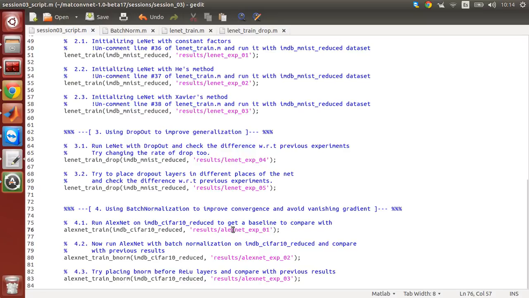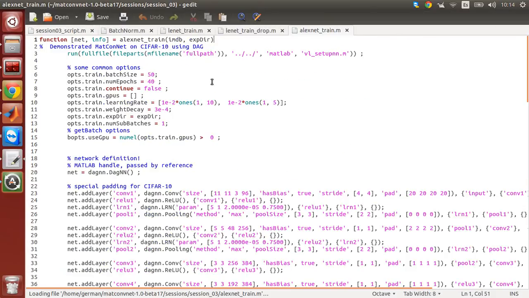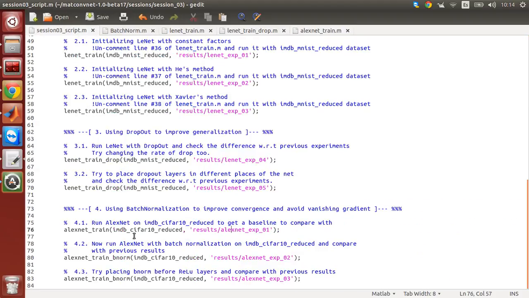So I'm going to show batch normalization for AlexNet in CIFAR10. This is the basic AlexNet we have seen in past sessions. We're going to run it on the reduced CIFAR10 version.